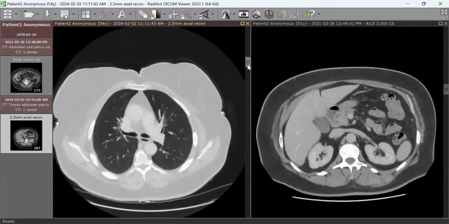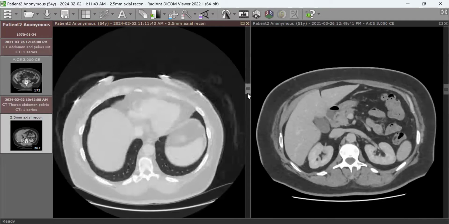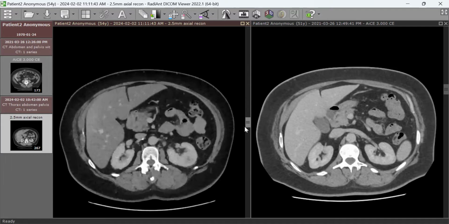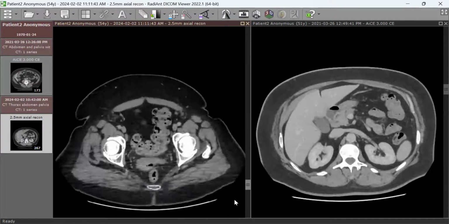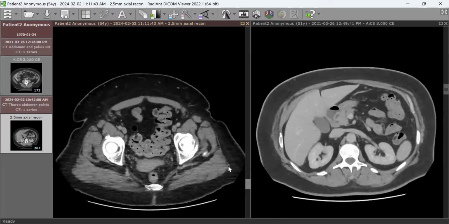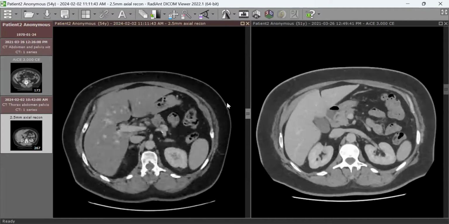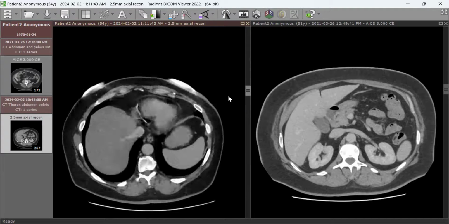I want to see the other kidney and the urinary bladder. No lesion in the bladder, no lesion in the contralateral kidney, no vascular invasion, no metastasis in the liver, lung or bones.